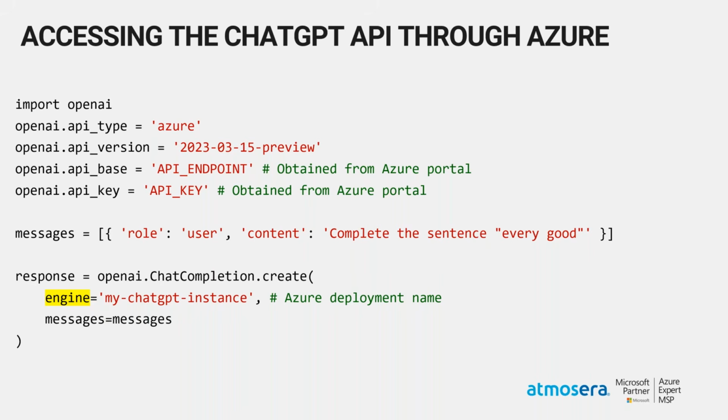You'll notice that I've highlighted in yellow the parameter named engine. When you're calling ChatGPT directly, you use the model parameter there. When you're calling it through Azure, you use the engine parameter instead. And my ChatGPT instance is just the name that you assigned to this instance when you deployed it in Azure.